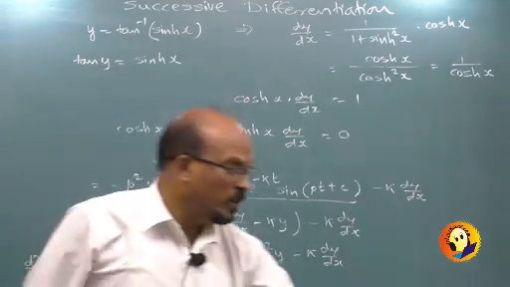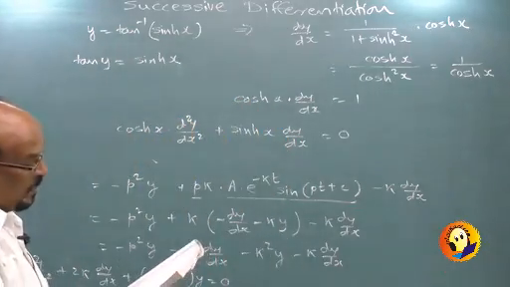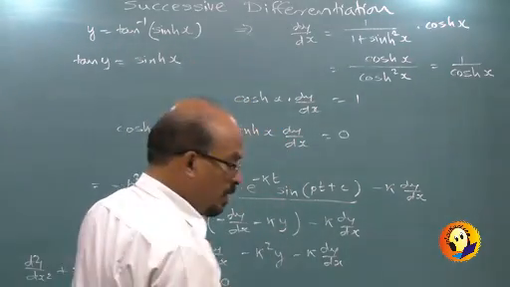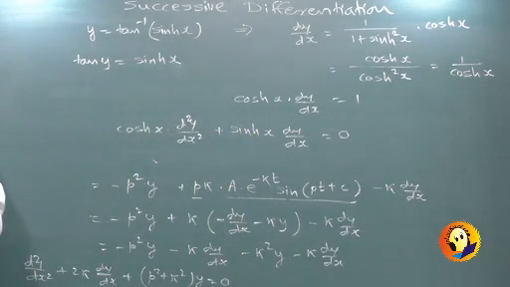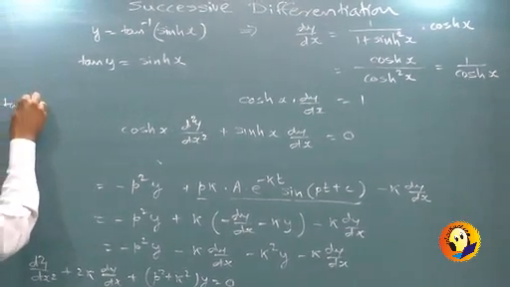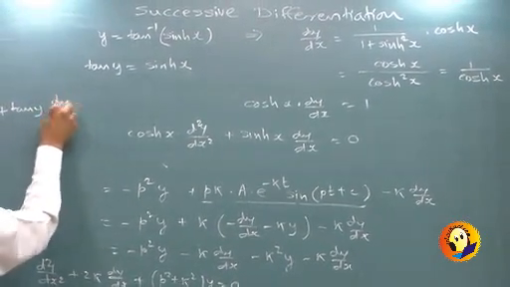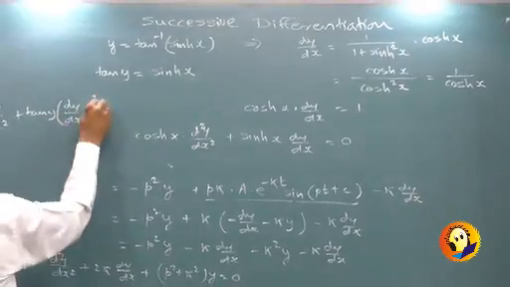What was to be proved? d2y by dx square plus tan y dy by dx bracket square equal to 0.